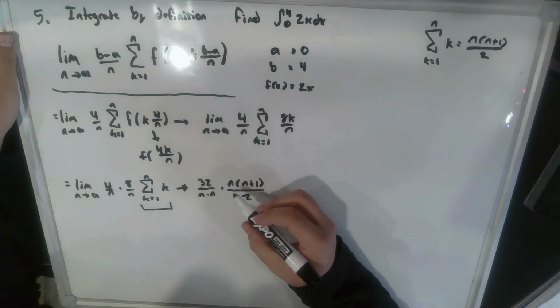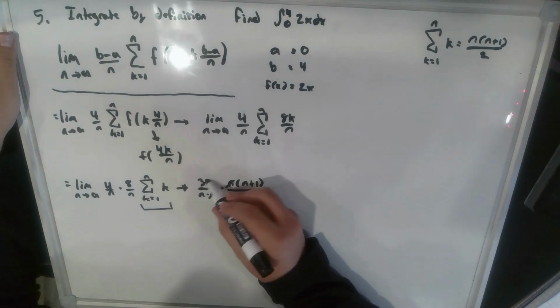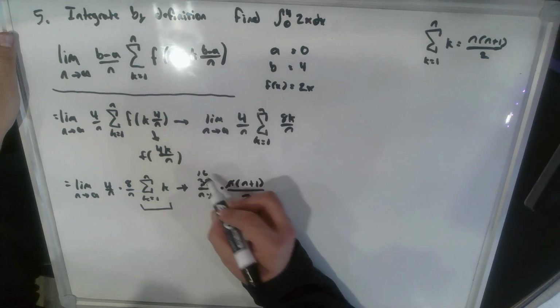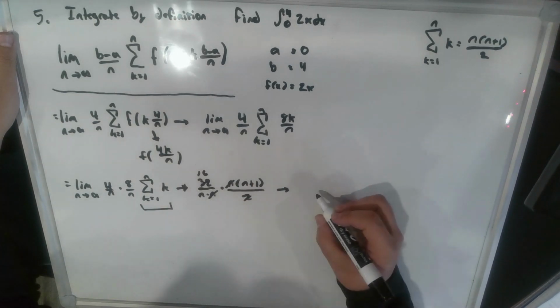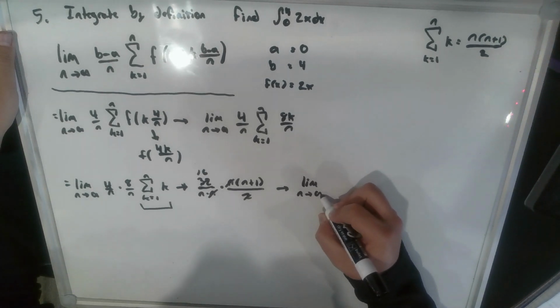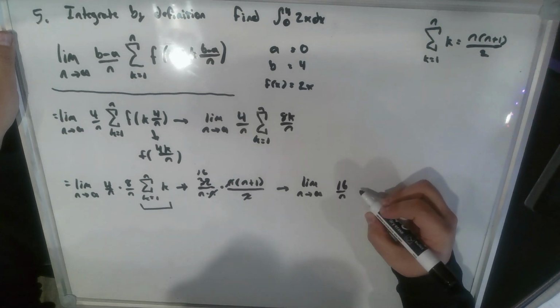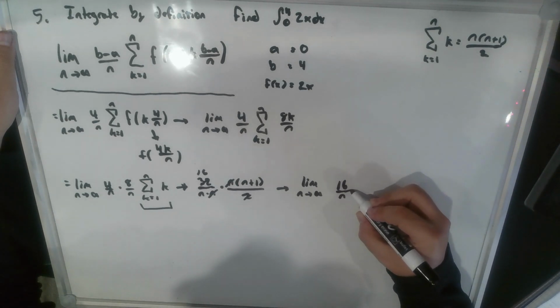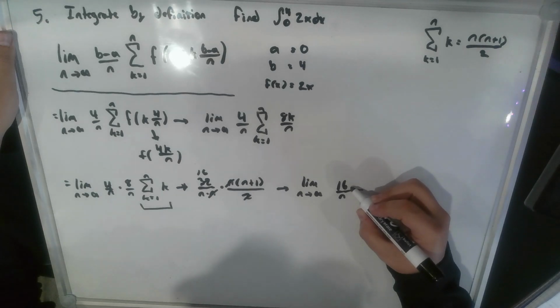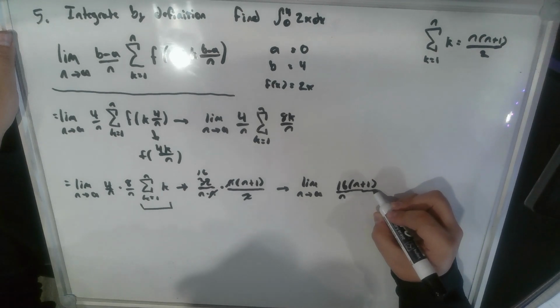So this n can cancel out. This 2 can reduce this 32 into a 16. And then it becomes the limit as n approaches infinity of 16 times (n plus 1) all over n.